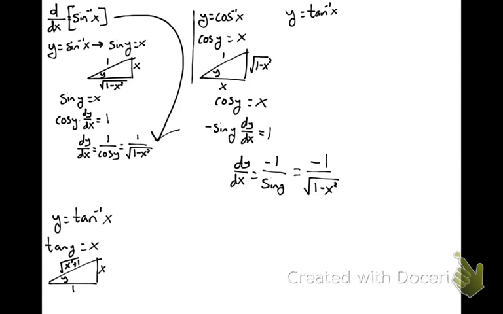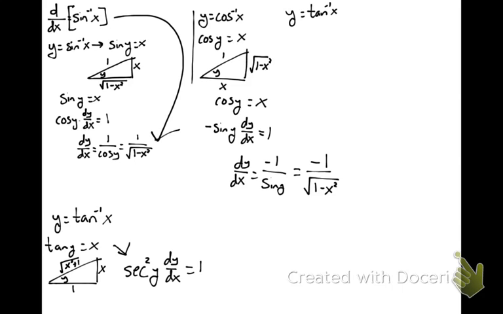Well, now using implicit differentiation on the tangent of y, we'll get secant squared y dy/dx equals 1.